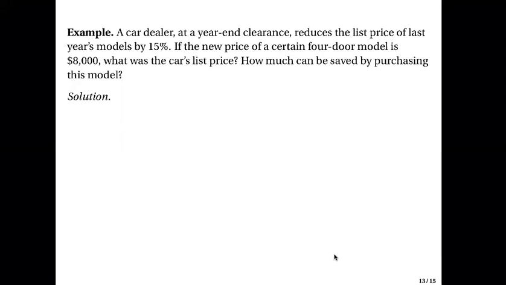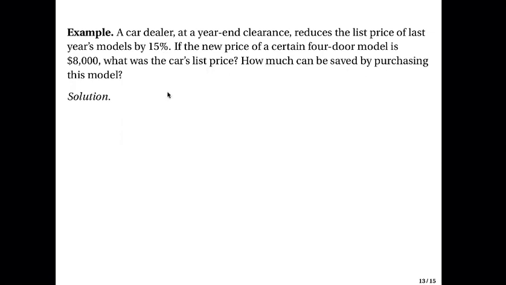A car dealer at a year-end clearance reduces the list price of last year's model by 15%. If the new price of a certain four-door model is 8,000, what was the car's list price?